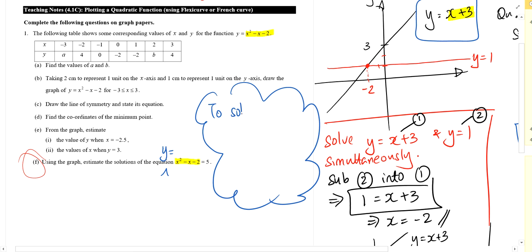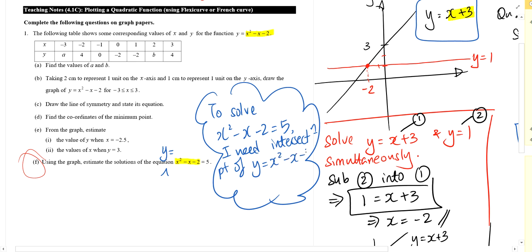To solve x squared minus x minus 2 equals 5 with the graph, I need the intersection point of y equals x squared minus x minus 2 and the graph of y equals 5.